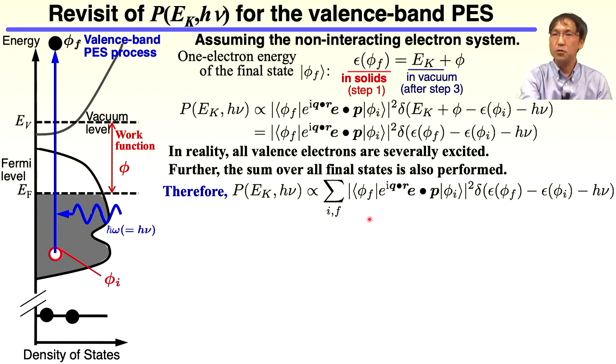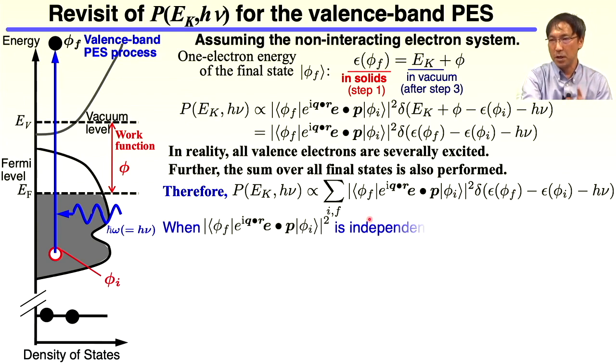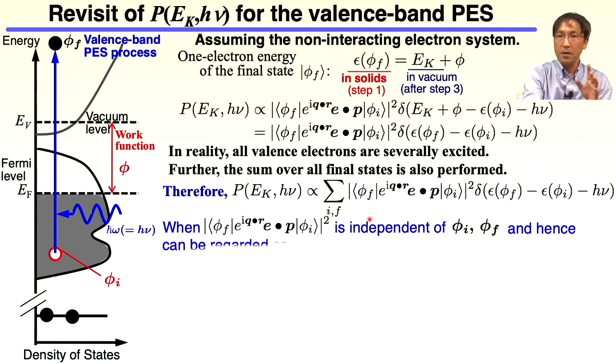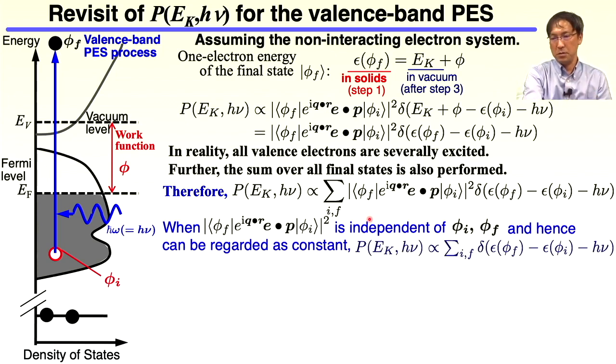Then I proceed to further simplify the spectral function by using a few reasonable assumptions. When the one-electron transition term, the E dot P term, is independent of the initial and final one-electron wave functions phi I and phi f, and hence the E dot P term can be regarded as a constant, the term P is simplified as this formula.